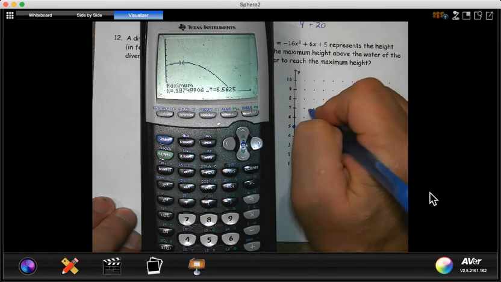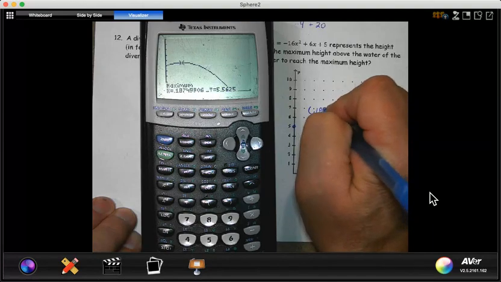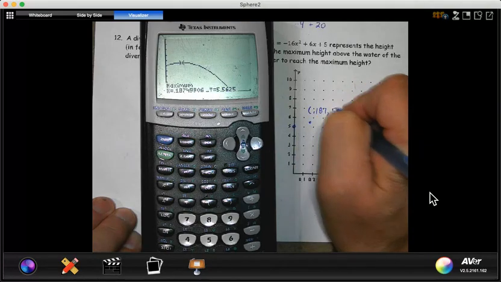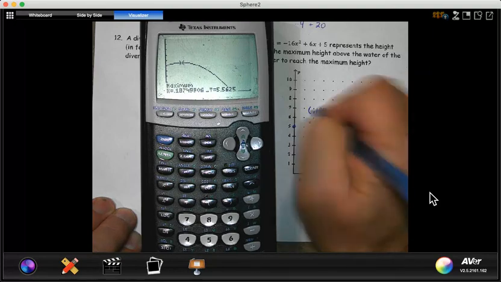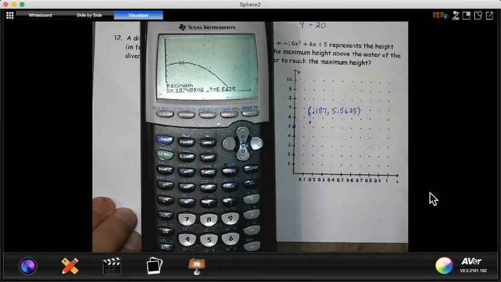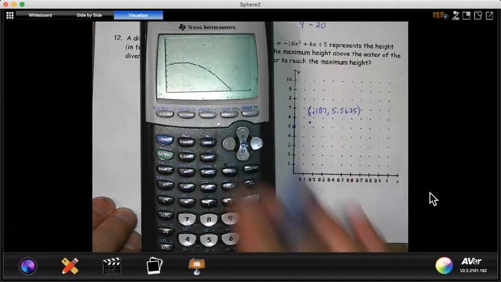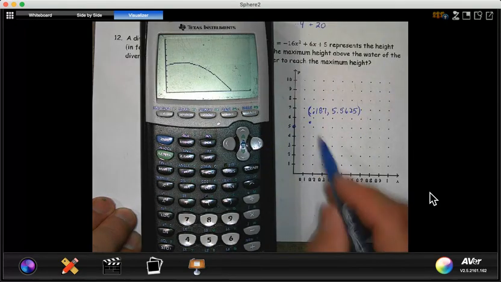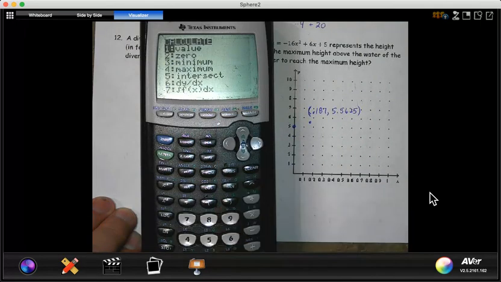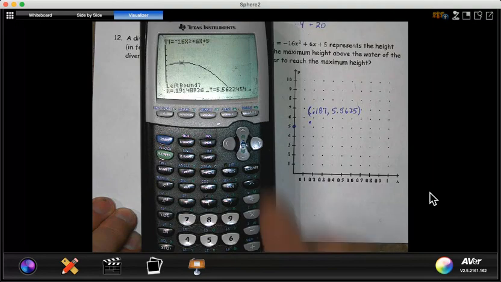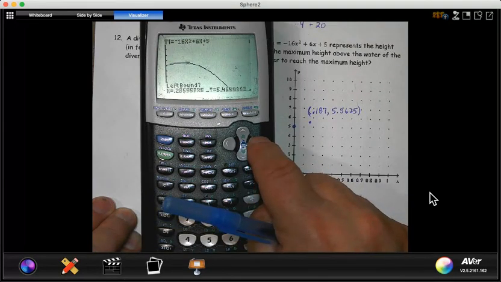I'm going to write that down as a coordinate: 0.187, comma, and then my maximum is 5.5625. Then I've got to find the zero. When does my diver make it to the water? That's the zero button. Second calc, zero. I've got to go all the way over and set my left boundary. So my cursor is now to the left.